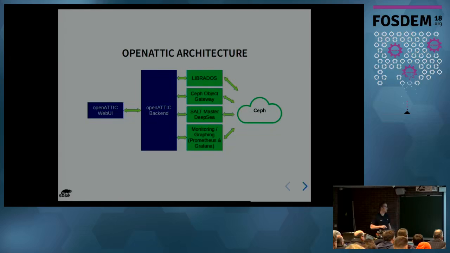Then we are asking the Ceph Object Gateway as well. Then the important part for deployment, and right now for the iSCSI management and NFS management, we are querying the Salt REST API. At the end, we're using DeepSea, so we're querying the Salt API, and the Salt API triggers DeepSea to gather the data and to give us the data back. And then to show nice, shiny, fancy graphs, we're using Grafana embedded into our UI.